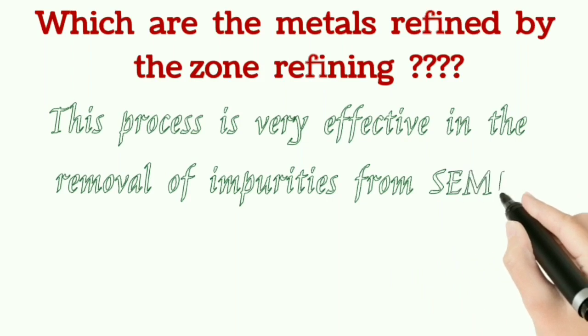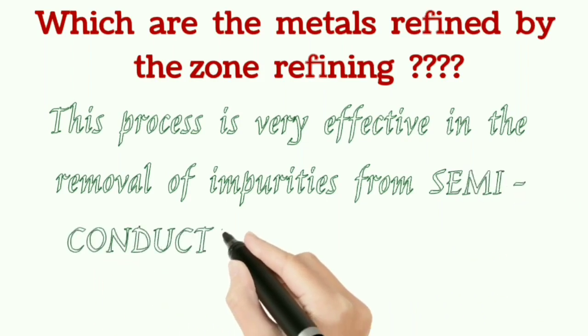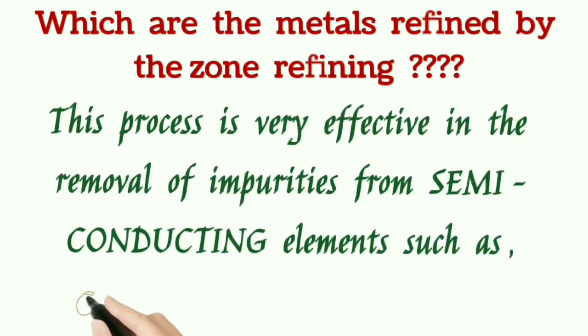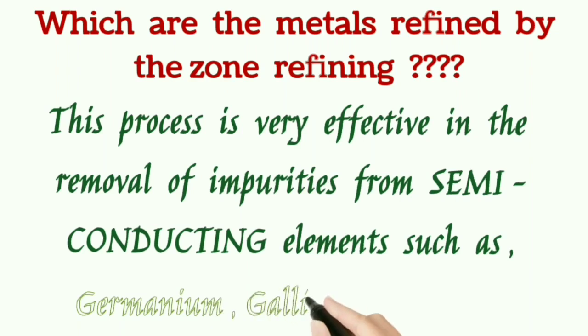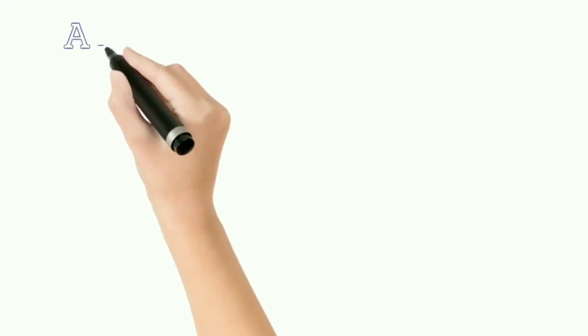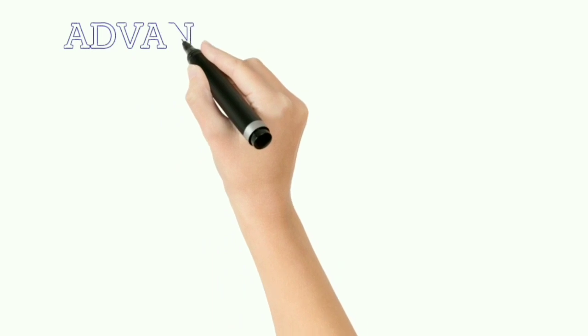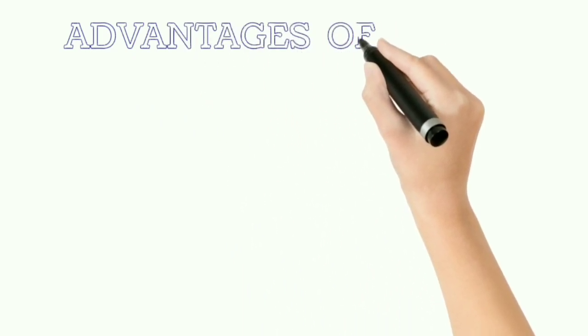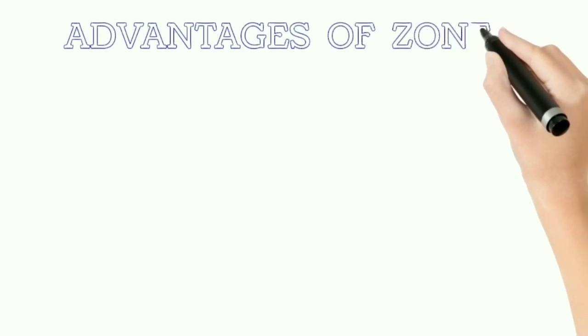It is highly suitable for semiconducting elements such as germanium, gallium and silicon. Now let us see the advantages of this zone refining process.